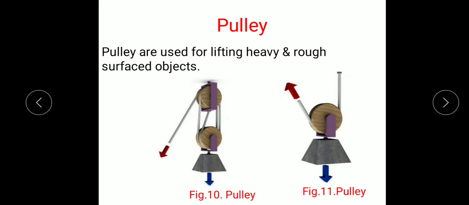Figure 11 shows a pulley in which we can apply a force from the upper side, whereas figure 10 shows one in which a force is applied from the lower side.